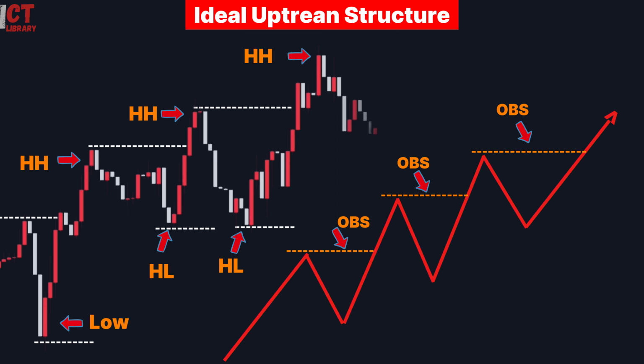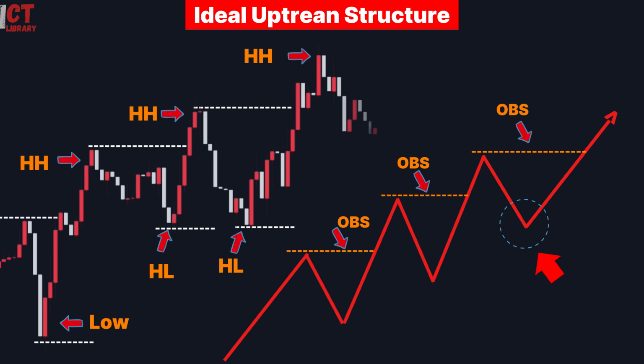In an uptrend, price consistently forms higher highs and higher lows. Price typically breaks above previous highs while protecting prior lows. An uptrend officially ends when price breaks one of the major lows to the downside. For example, in order for the bullish trend to remain intact, price must not violate this major low.